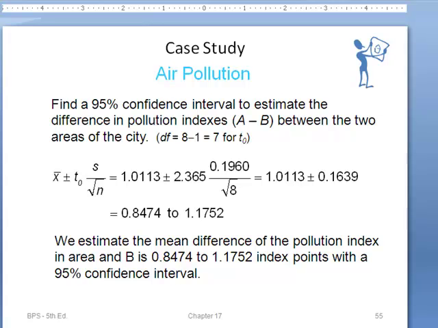We take that margin of error, subtract it from and add it to the mean, and we get our 95% confidence interval. We estimate the mean difference of the pollution index in area A and B is 0.8474 to 1.1752 index points with 95% confidence.